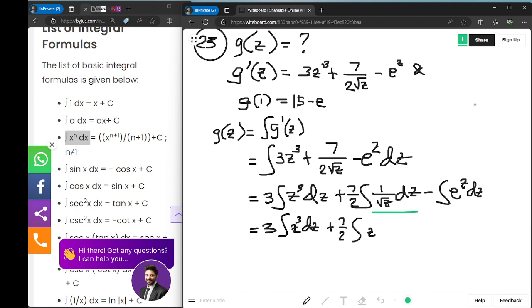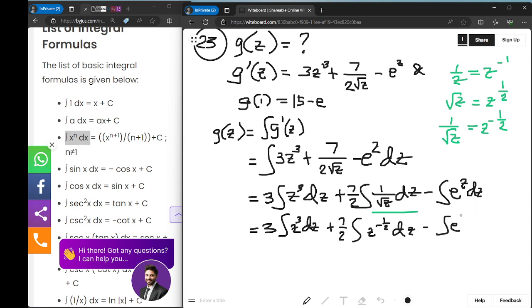Square root of z is equal to z to the power of 1/2. However, it's written as 1 over square root of z, which means if this is 1 over z, this should be z to the negative 1. So if it's 1 over square root of z, then this is z to the negative 1 half. Therefore, we will write this as z to the negative 1 half dz minus e to the z dz.